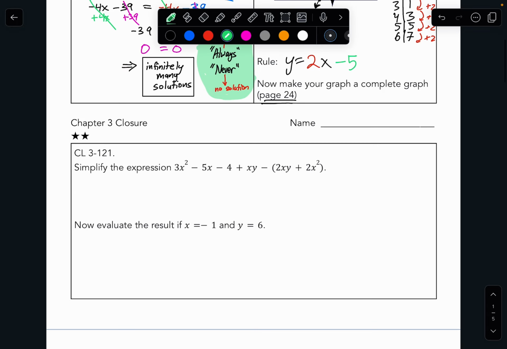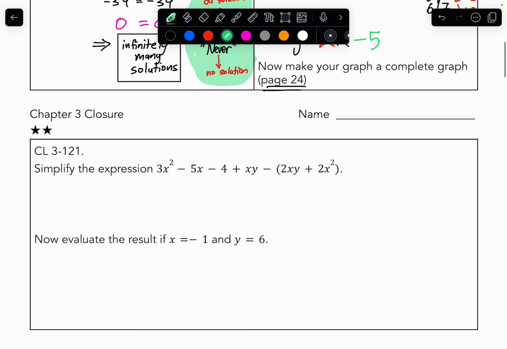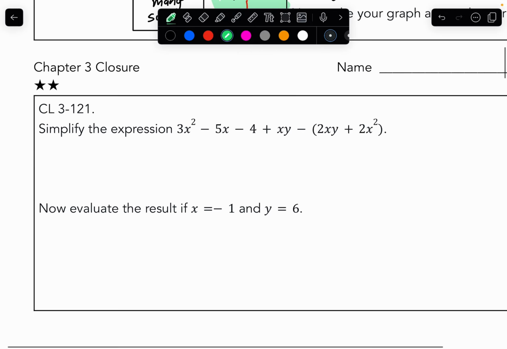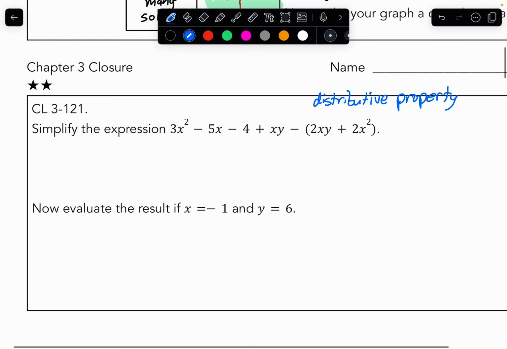Now, let's go on to number 121. Hopefully you had no questions and that everything was clear. Okay, for number 121, we're going to start off with the distributive property. Of course, the distributive property, you can write this in your notes if you don't have it yet. I think we did a page on this, I think it was page 21.